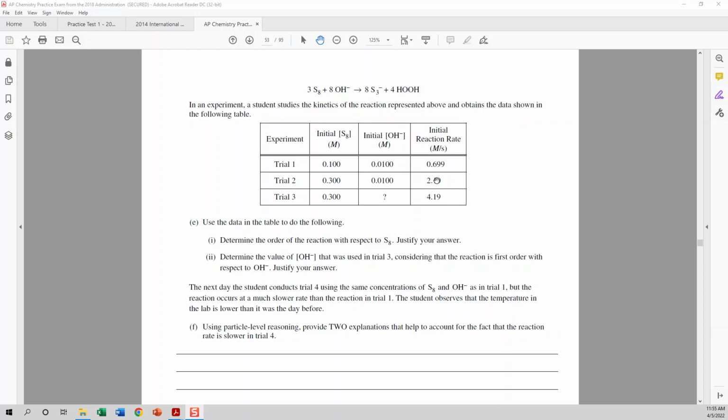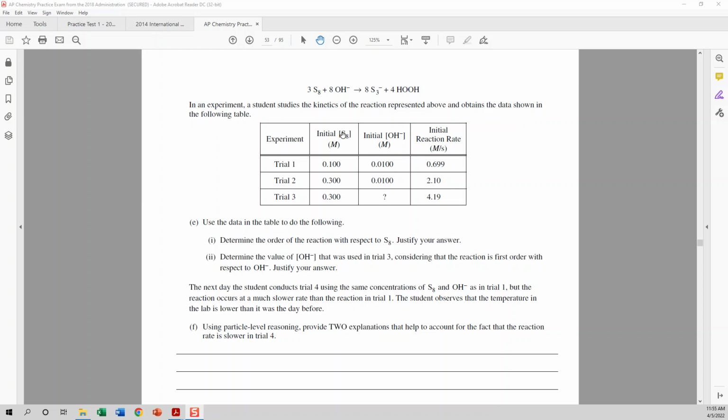And notice that the rate kind of tripled here. It's not exact. If you're actually doing the experiment, you're never going to get perfect data like we did with that multiple choice question, where this doubled and this also exactly doubled. But it's pretty close. Like this is close to 0.7, and then 0.7 times 3 would be 2.1. So we tripled the concentration, and the rate also tripled, so we know S8 is first order.